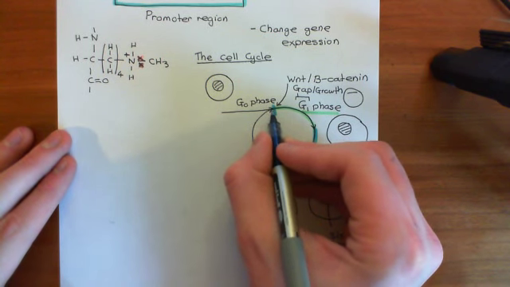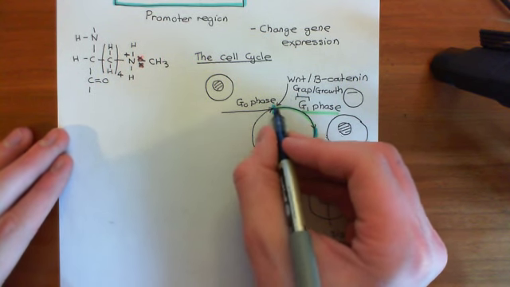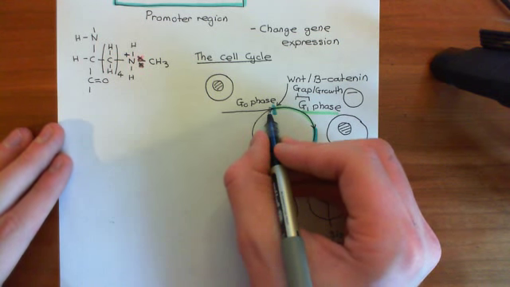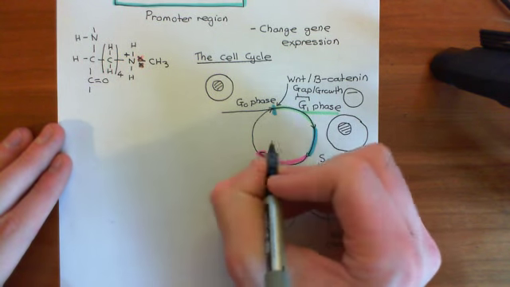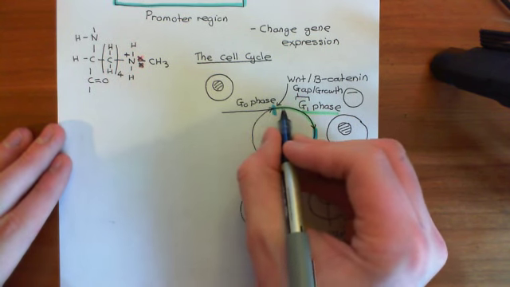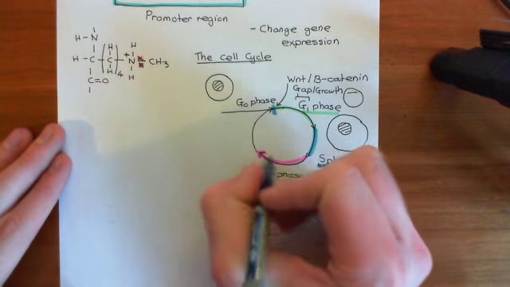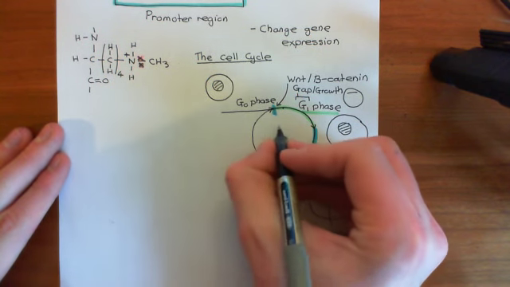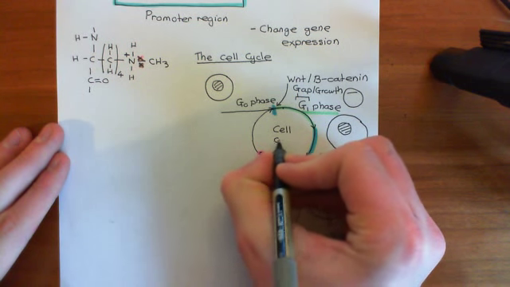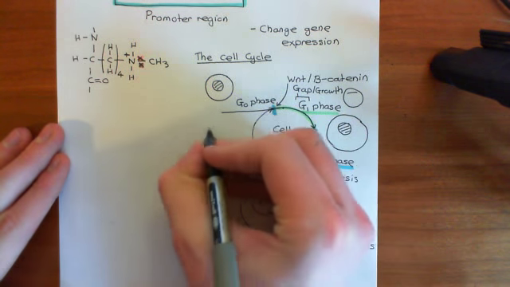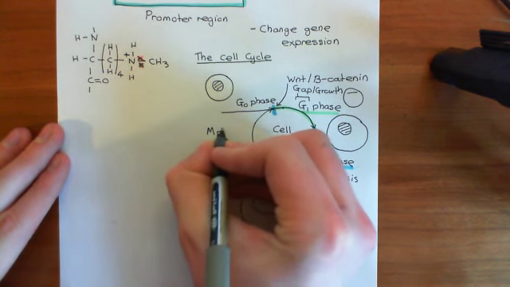And if the signal to divide is still present, if the Wnt is still present in the environment, what will then happen is you'll go through the cycle again, basically. It will take you into G1 phase once again, and you'll go round and round, which is why it's known as the cell cycle.